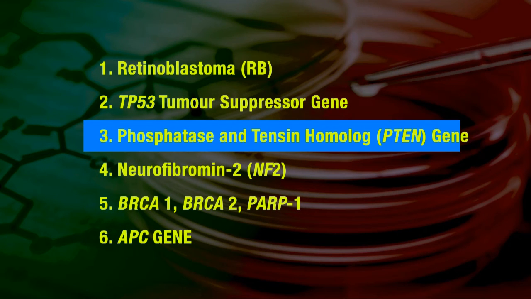The next is the phosphatase and tensin homolog or PTEN gene. The PTEN gene codes for a PTEN protein that negatively regulates the phosphoinositide 3 kinase or PI3K, AKT and the target of mTOR signaling pathways, which play an important role in cell proliferation, cell cycle progression, and apoptosis.